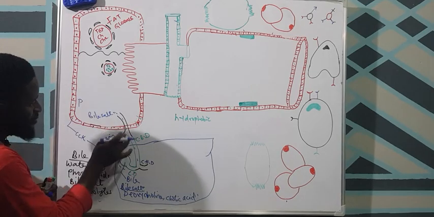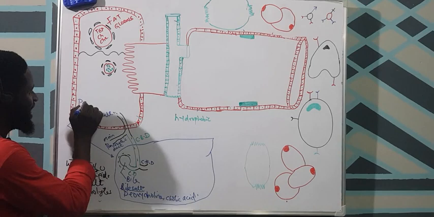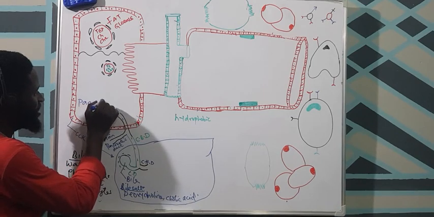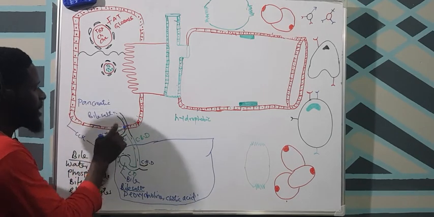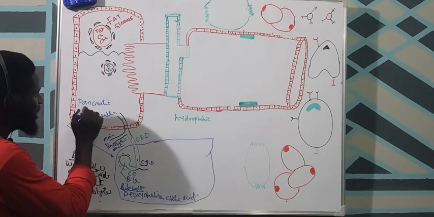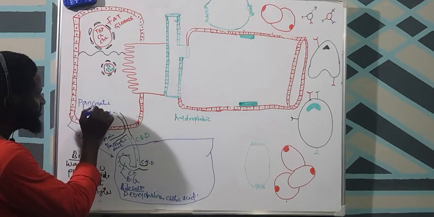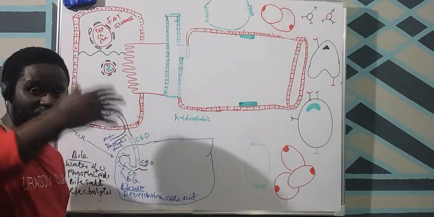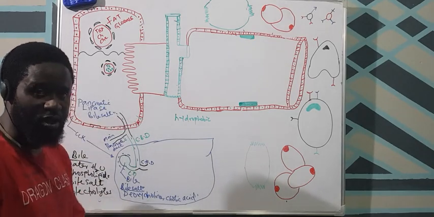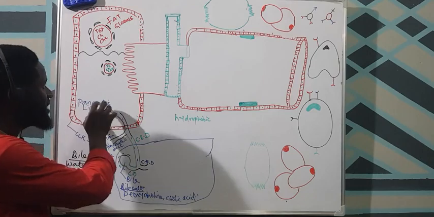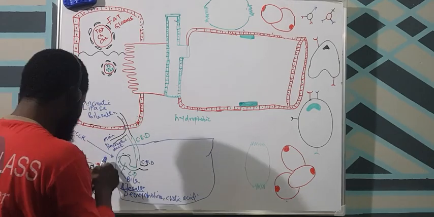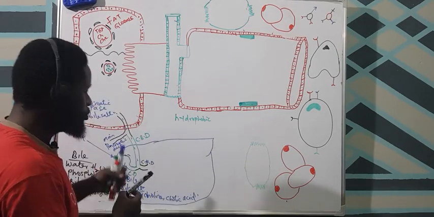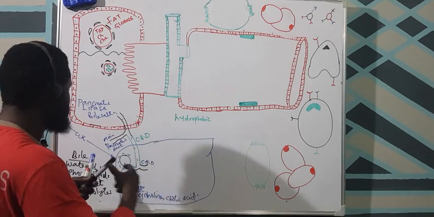The pancreas releases pancreatic lipase through the hepatopancreatic ampulla. What is lipase? It means it's lipid. It breaks down lipid into smaller units.